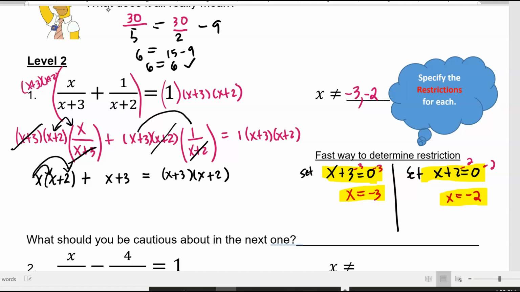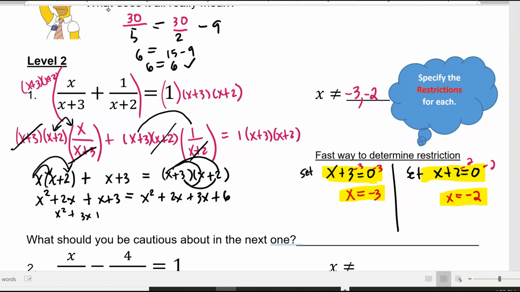Then we have x squared plus 2x plus x plus 3 equals, and now we got a 4. So now we have x squared plus 3x plus 3 equals x squared plus 5x plus 6.